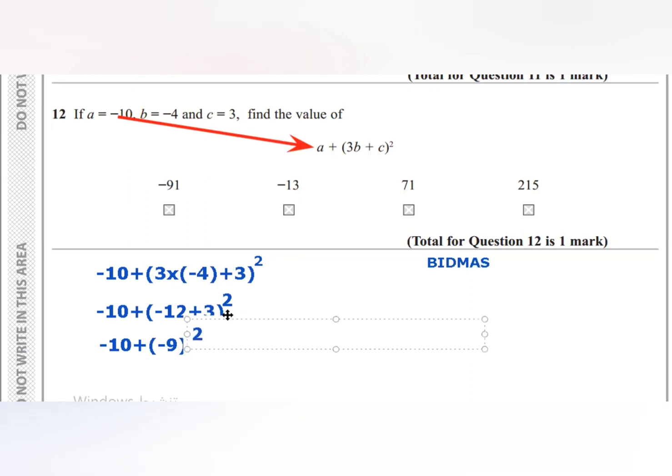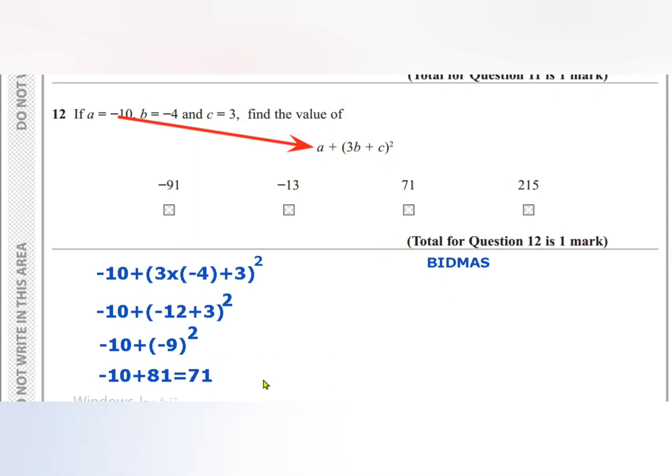I'm going to continue with the brackets. So I'm gonna do negative 9 squared like this inside the bracket. I'll do bracket negative 9 bracket squared, and the answer will be 81. So the squaring of negative 9 is gonna be 81. So I'm gonna write negative 10 like this plus 81 like this, and the answer will be 71.